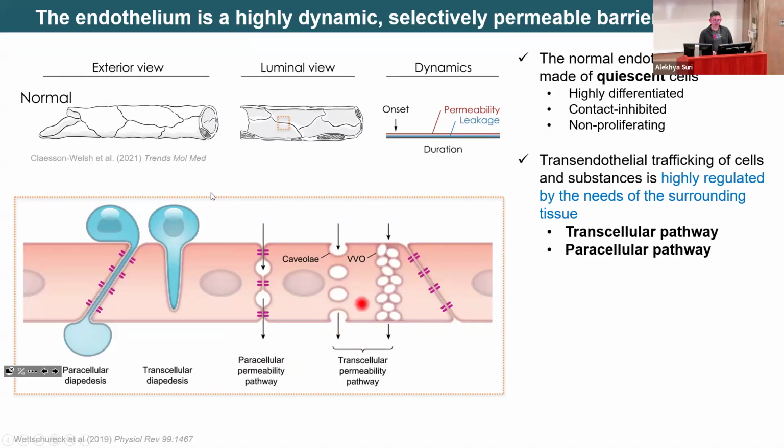And in some cases, they're not exactly caveolae, but there's a different type of intracellular vesicle. They sort of pile up together, and they form these, what we call VVOs, or vesiculo-vacuolar organelles, whatever.